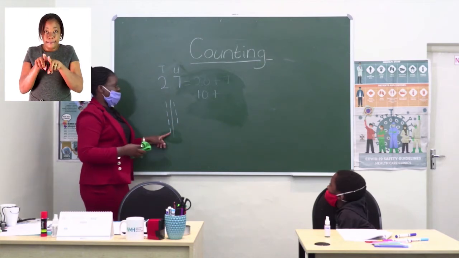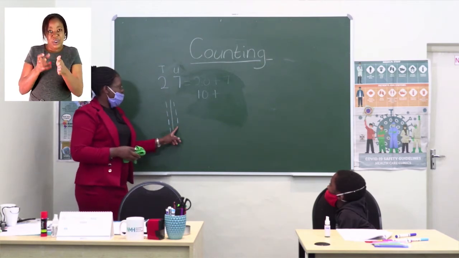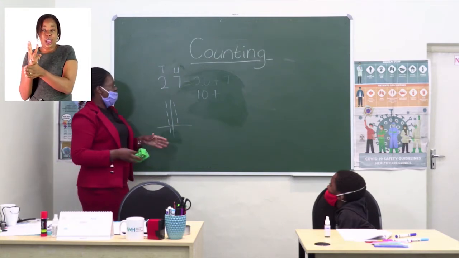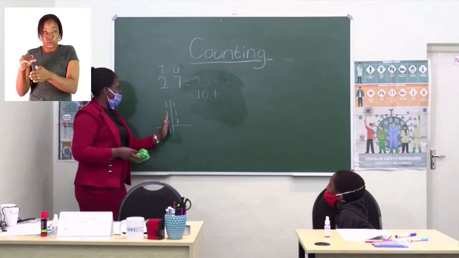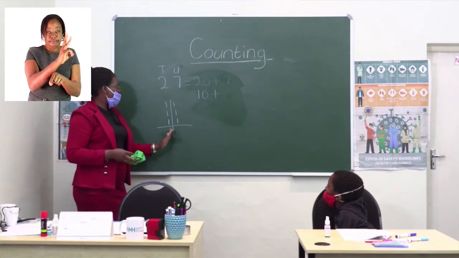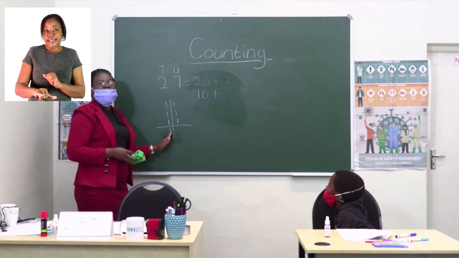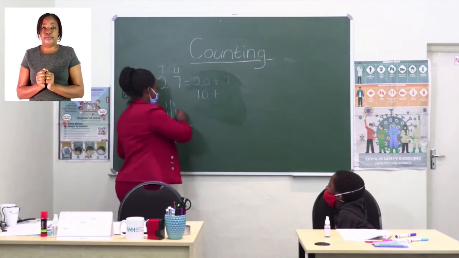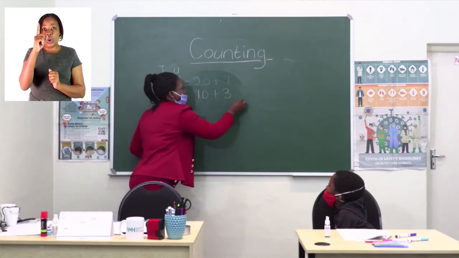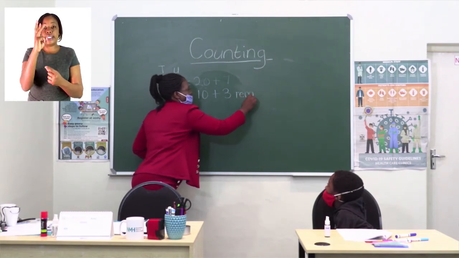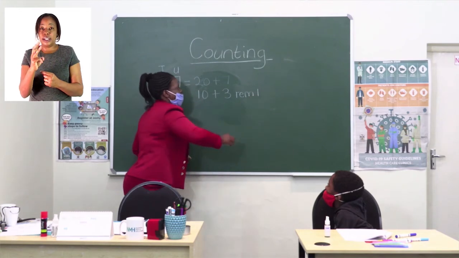So 7 ends on one side. Remember, it was supposed to be equal, but it's not equal. Therefore, there is 3 here and 3 there. So the half will be 3, and what is remaining is 1. So that one is a remainder. I can just write it in short, 1.